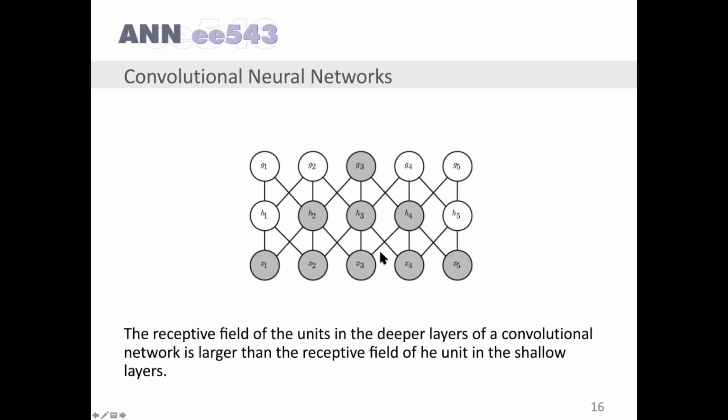Also the same for the other neurons in the same level. However, if we go one level further, notice that the receptive field of the neuron enlarges. So here, in the receptive field of this neuron, we have 5 neurons in the input layer. However, if the input is 2-dimensional, the receptive field for this one will be 3 by 3, and for this one will be 5 by 5.